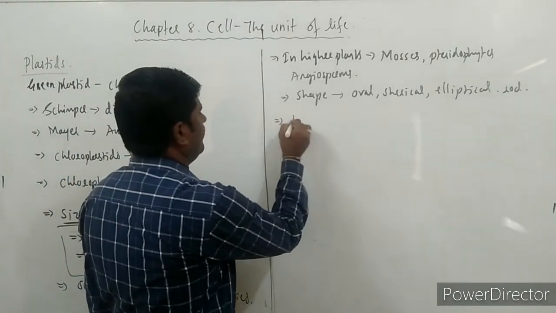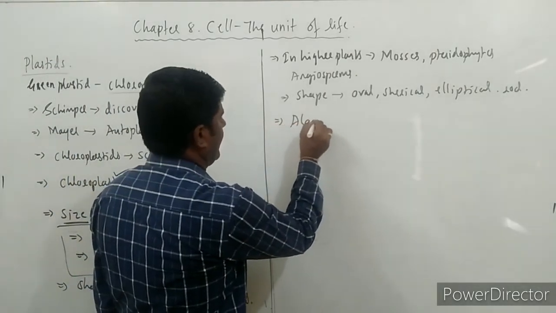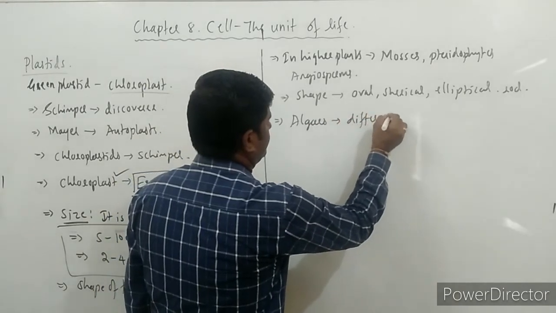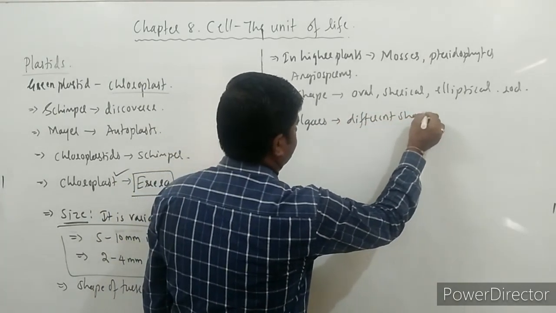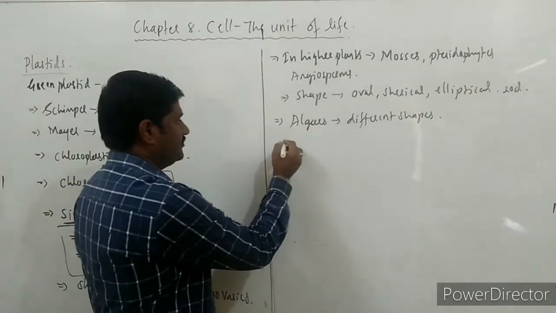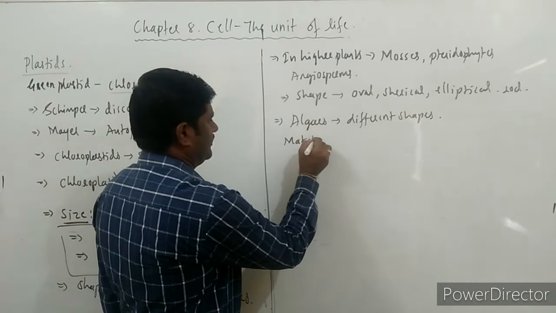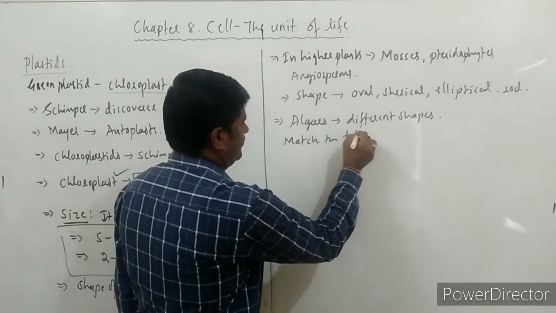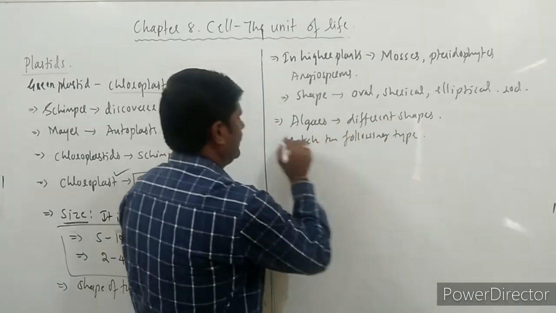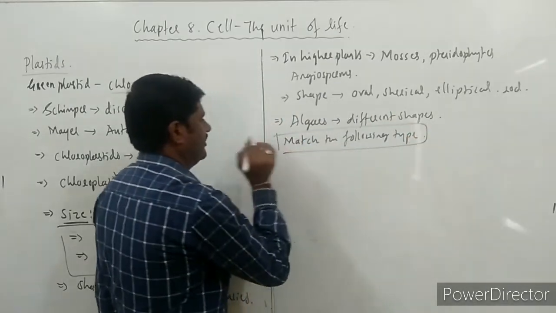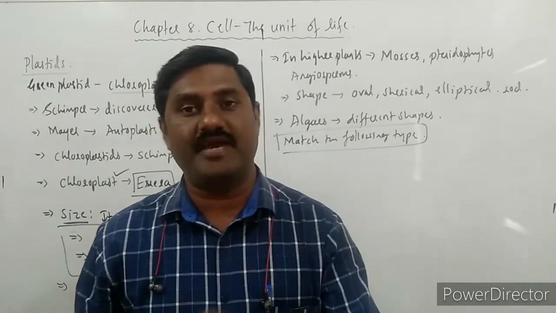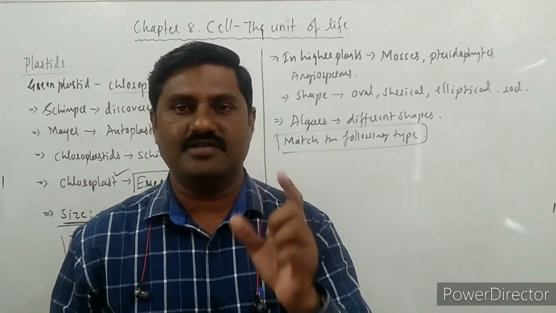But in case of lower organisms like algae, they have different shapes. Here also, a match the following type of question is usually asked. Remember, in different algae, different shaped chloroplasts are seen.